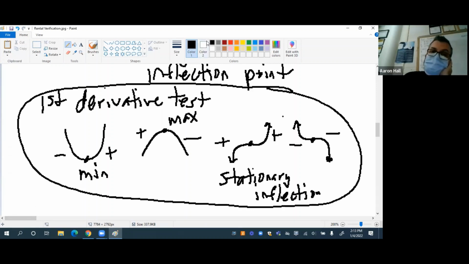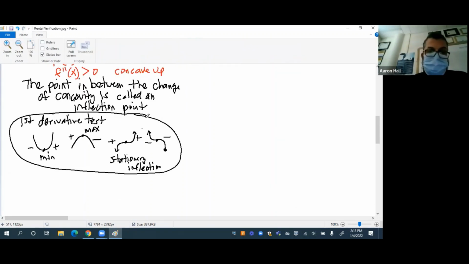For my second derivative test, what does the second derivative test do? What's the point of the second derivative test? It tells us the concavity of the graph. Yeah, it tells us the concavity of the graph. So I'm going to write this over here for the second derivative test.